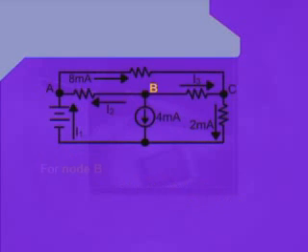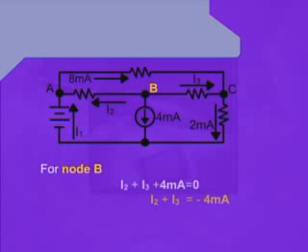For node B, we can again visualize that the current I2 and I3 both are leaving the node, and the current source 4 milliampere is also leaving the node B. Therefore, we can write the equation as I2 plus I3 plus 4 milliampere is equal to 0.